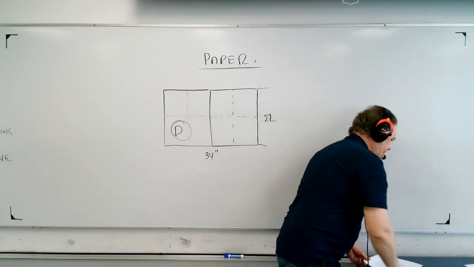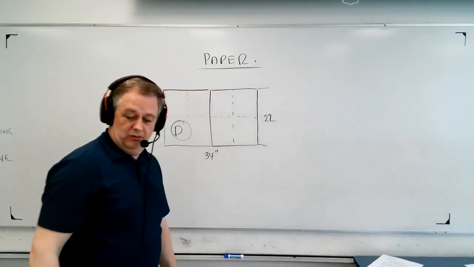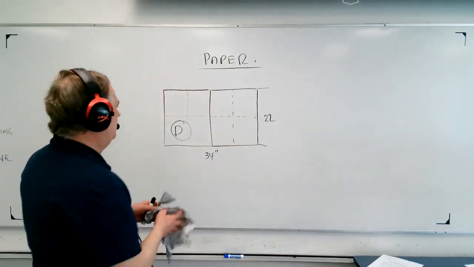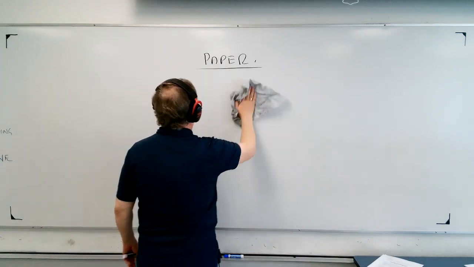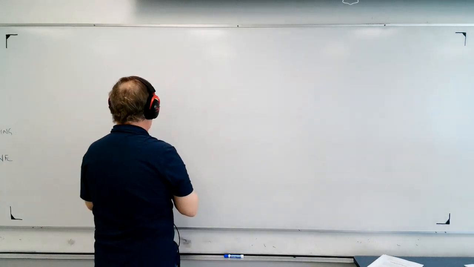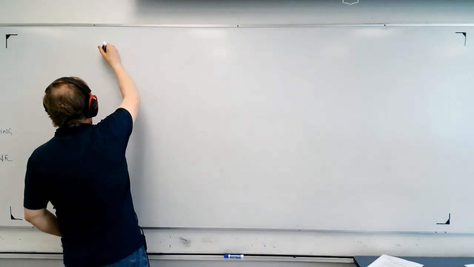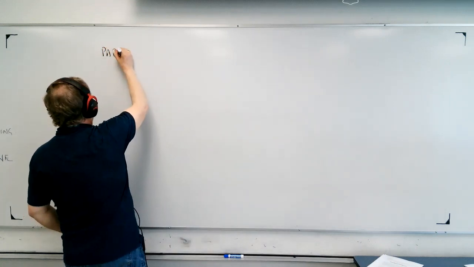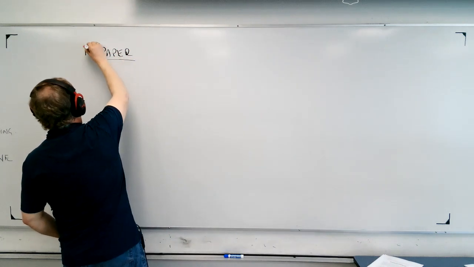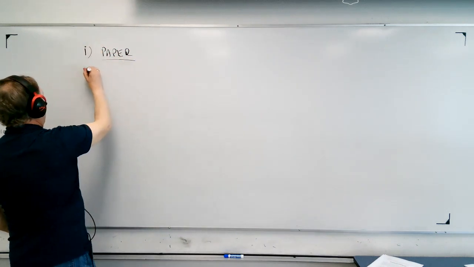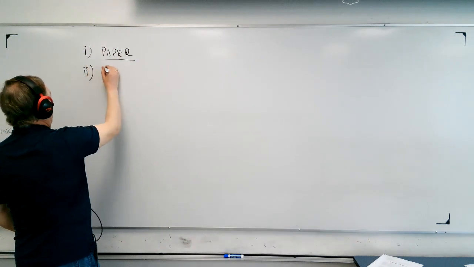Now, the next real important thing that is part of the mechanics of the drawing set. So the first thing is paper. Okay, paper. The second thing has to do with scale.